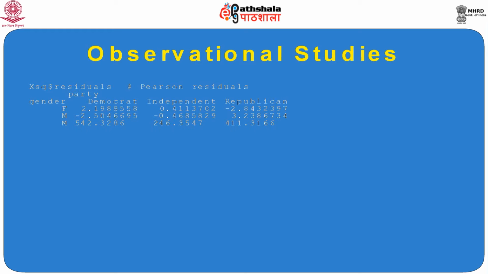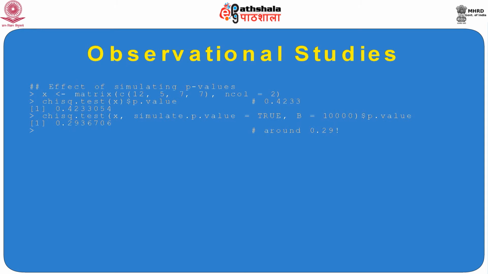We are preparing another example to perform the chi-square test where the effect of simulation on the p-value is considered, where the matrix is formed from observations 12, 5, 7 and 7. It is a 2 by 2 contingency table, where the first row first column has 12, first row second column has 5, second row first column has 7, and second row second column has 7.